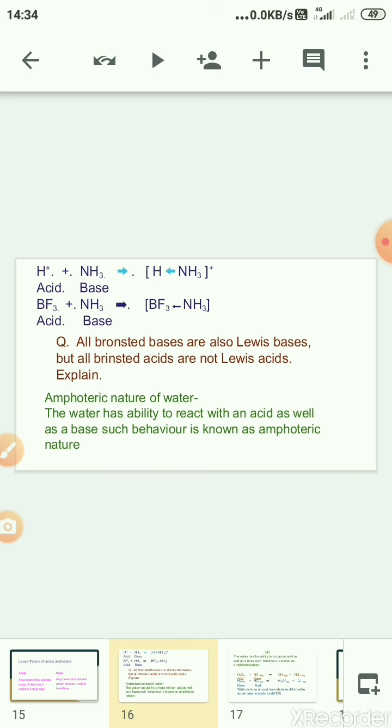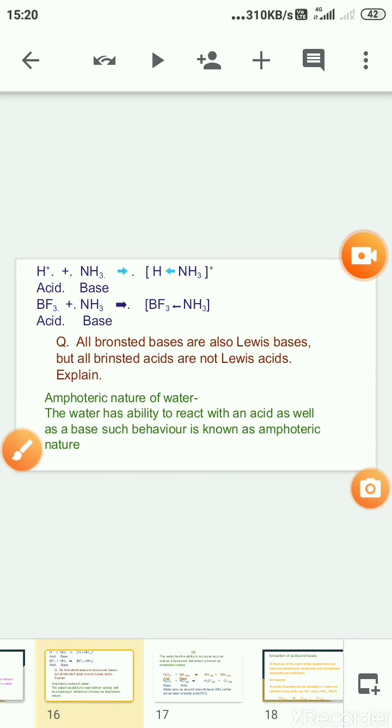Now the next point is the amphoteric nature of water. Before this we have seen the term amphoteric nature in s block elements. Further, we have seen the amphoteric nature of metal oxides, whether the oxides of metals are acidic or basic in nature.